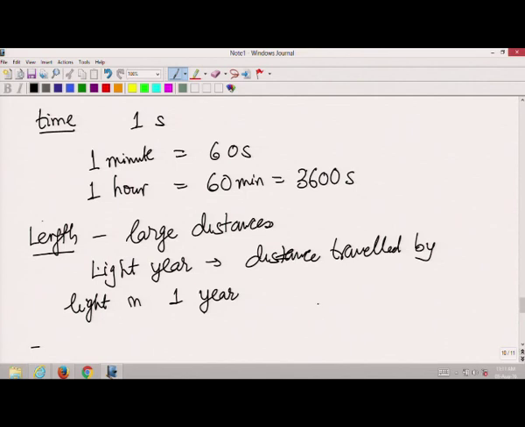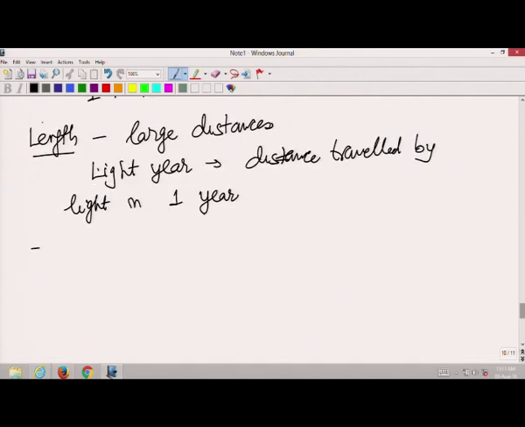So, different multiples of the basic units could be there, and when we have derived units, the derived units will be a combination of different basic units in the SI system.